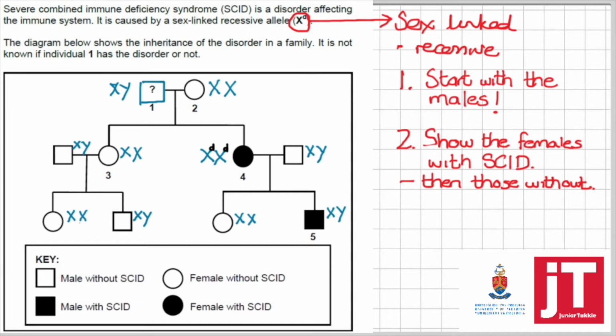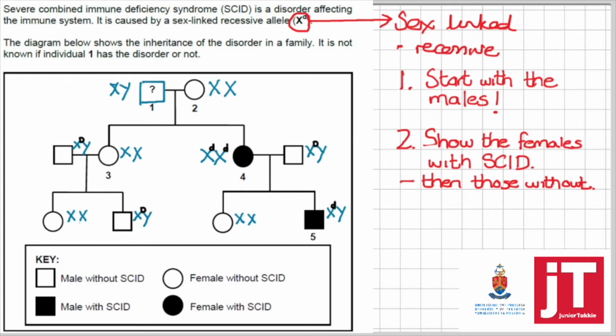Here we have a female with the expression of SCID, which means the only way this could happen is if we have the homozygous recessive pairing of the alleles on the X gonosomes.